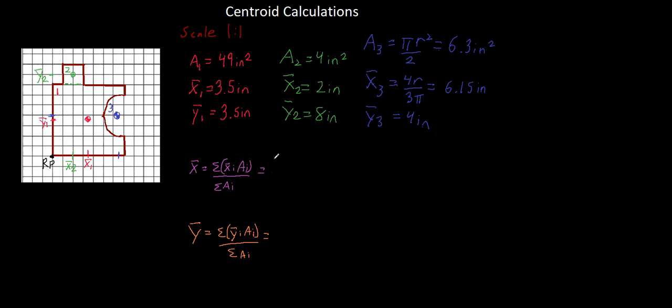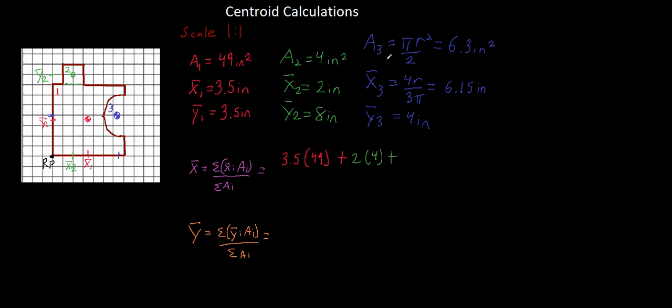So the formula says the sum of all individual x's multiplied by their areas, or x's times area, sum of all those. Okay, so what is the first one? We know the first x is just 3.5, and we're going to multiply that by its area of 49. Okay, and we're going to add that to the individual x for shape 2, which is just 2 times its area, which is just 4.